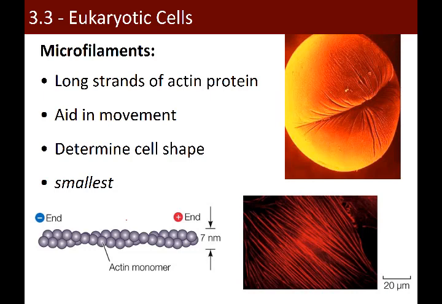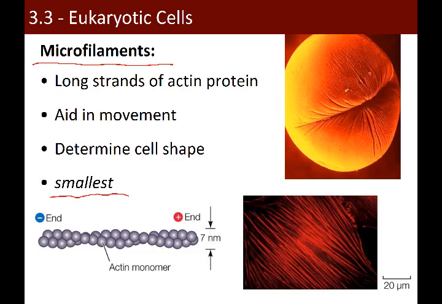So let's talk about the three different types of cytoskeleton elements. The first is the microfilament, and microfilaments are the smallest of the cytoskeleton components. Okay, they're primarily going to be used for movement, and they're able to be used for movement because of their structure. So they're made up of long strands of protein, and this particular protein is known as actin.